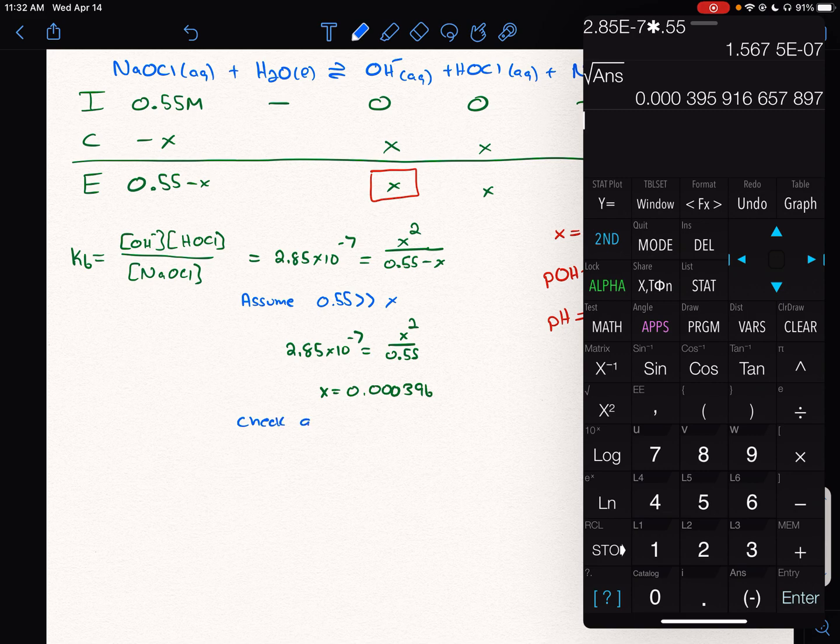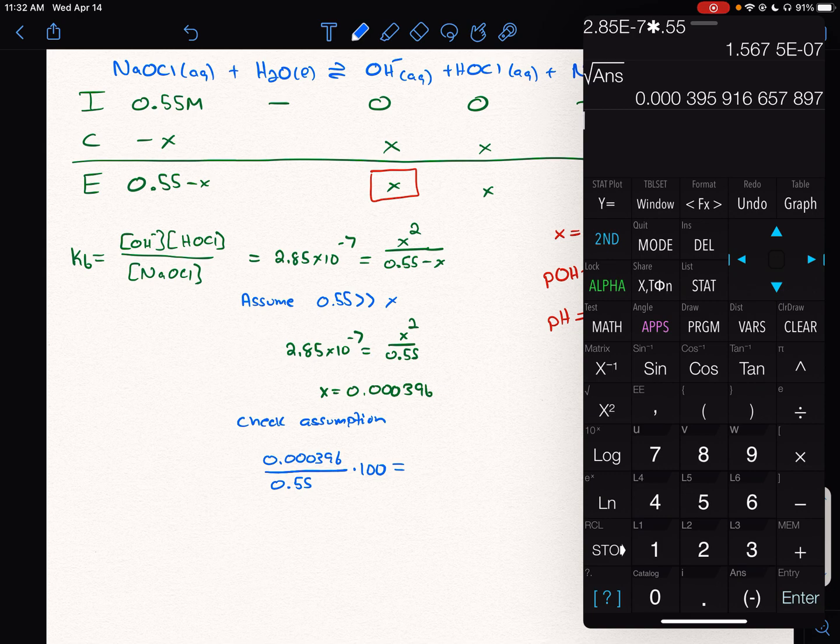So we've made an assumption, so we should check it. We're going to take our ratio, we're going to take that x, 0.000396, and divide it by 0.55, multiply it by 100 to turn it into a percentage, and as long as this is less than 5%, our assumption is valid.